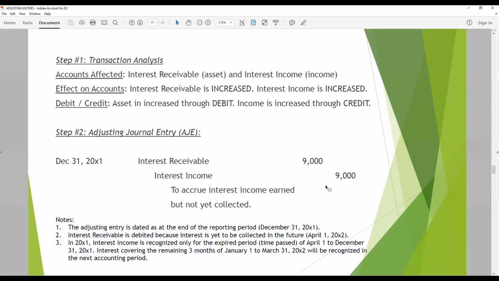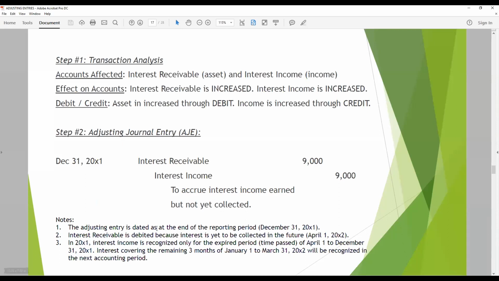So if you did not adjust your books for this interest, your asset account in the balance sheet is understated and your revenue account in the income statement is understated also. Okay, so nagets nyo ba?